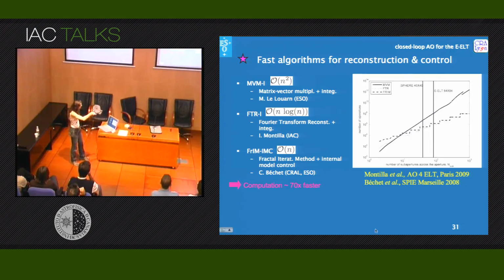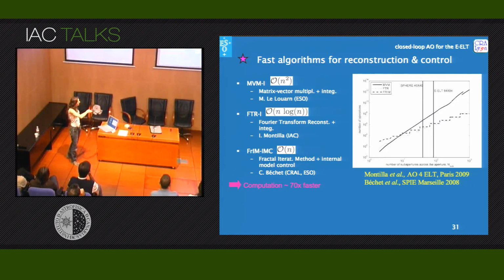So we have compared this algorithm in terms of quality of the reconstruction for SCAO case on Octopus, which is the name of the cluster at ESO. Just to give you an idea what the various algorithms do.